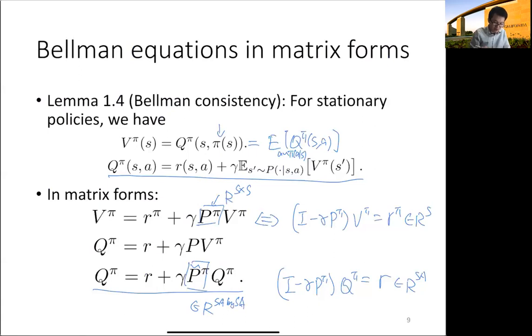But it makes the mathematics much harder to read. So I tend to just keep it as P pi, and the dimensionality will be clear from context. Right. So this is created by marginalization over A, and this is created by a joint over A prime, right? So it becomes an SA by SA matrix.